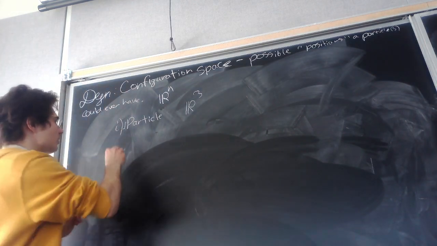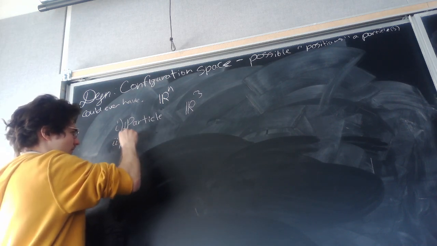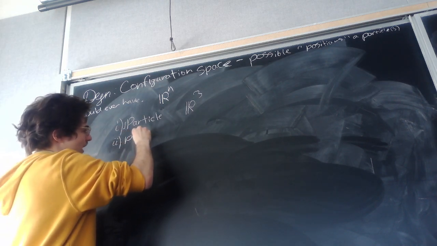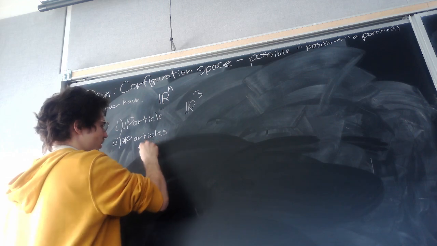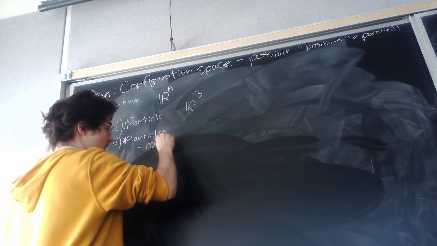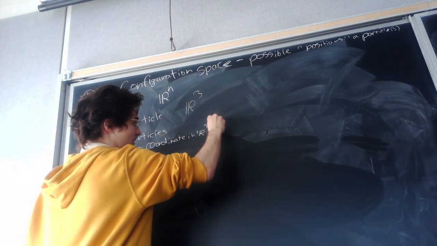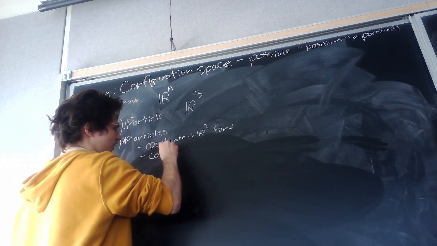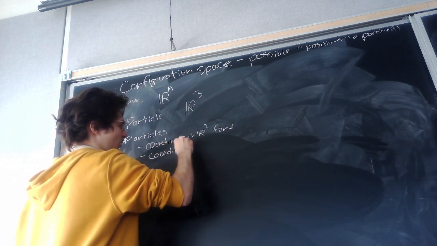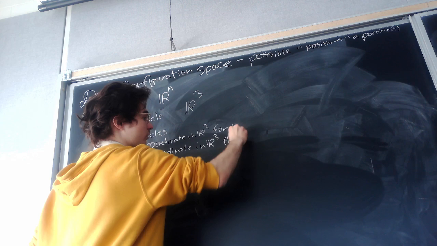Okay. Suppose I have two particles. This means I have a coordinate in R3 for particle 1, but I also have a coordinate in R3 for particle 2, right?